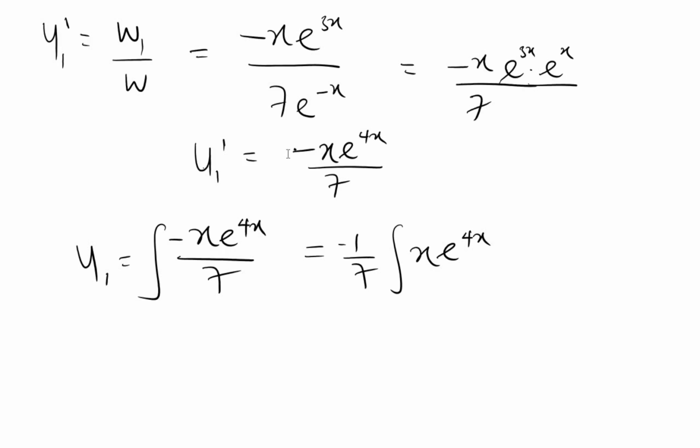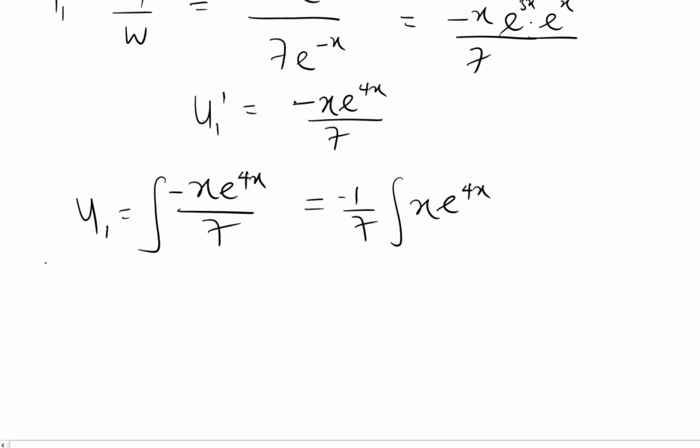So if we integrate this, we'll have u1 is equal to minus 1 over 7 into, what will I use to integrate this?